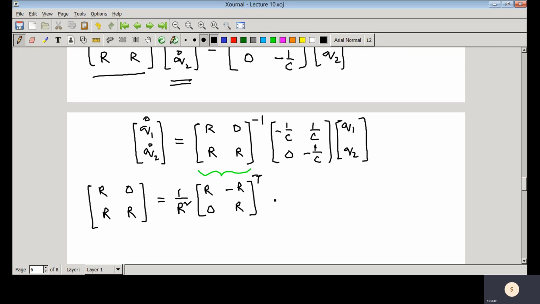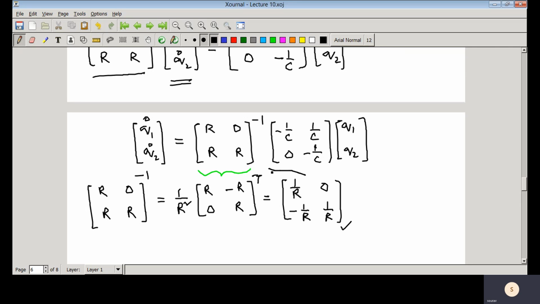If you forget the inverse of a matrix, please see a linear algebra book, and then you will get 1 by r 0 minus 1 by r 1 by r. So this is the inverse of this matrix.